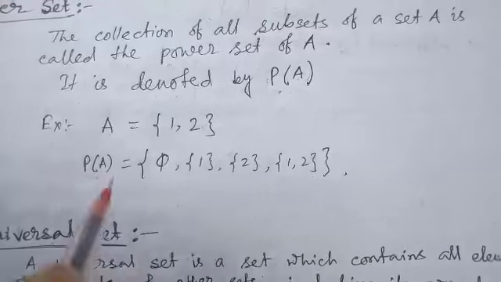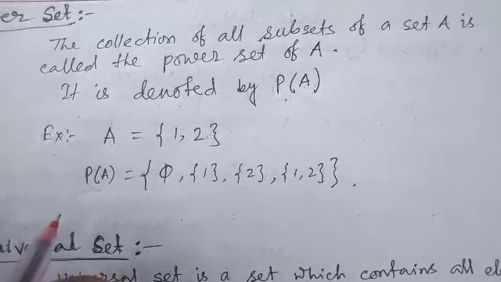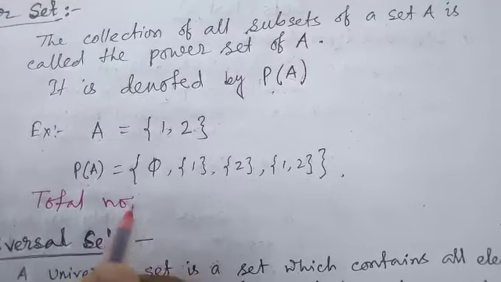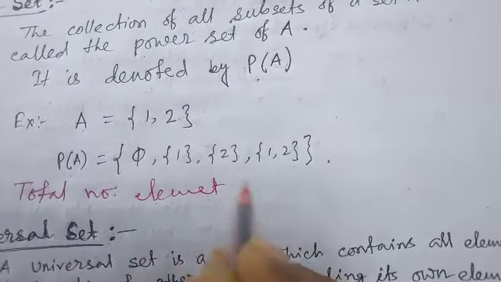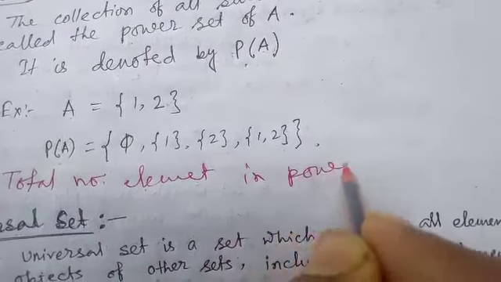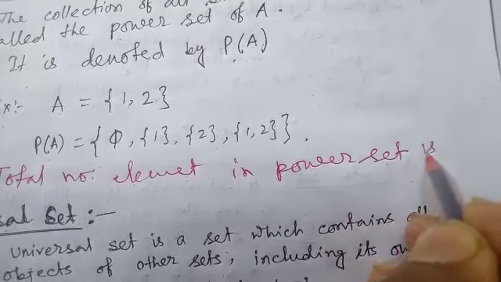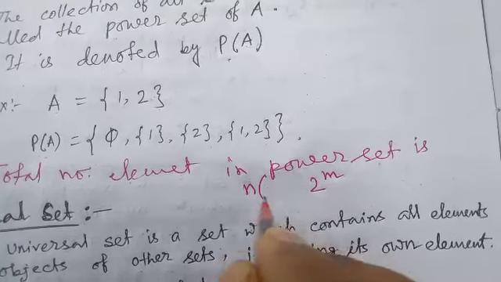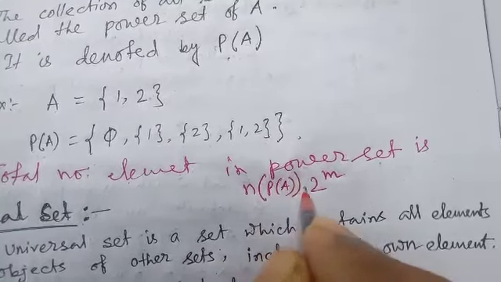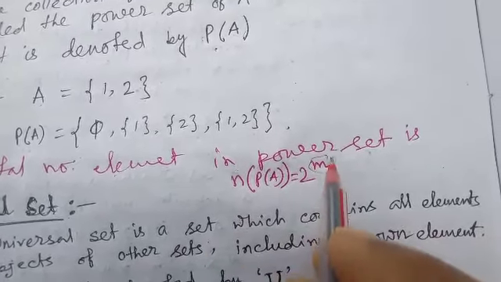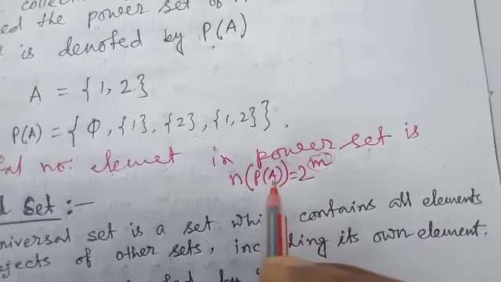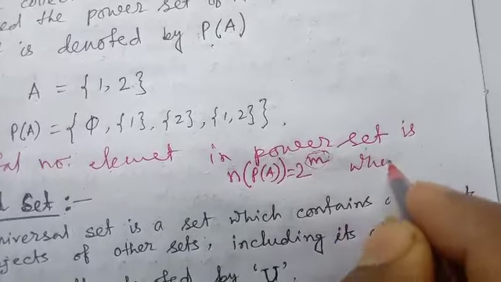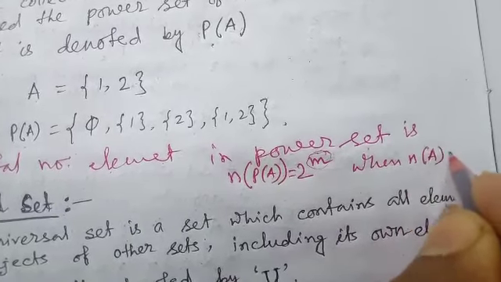Okay, and in power set, the total number of elements, denoted by n of P of A, is 2 to the power m. M is the number of elements of the set A or any set, where n of A equals m.